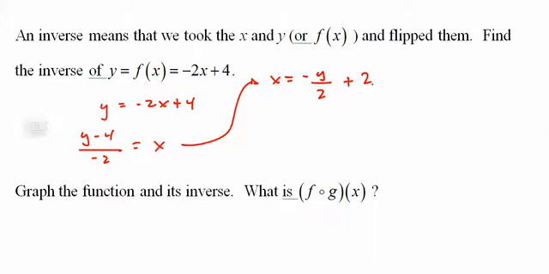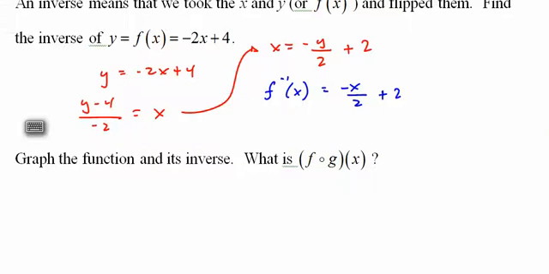And I may have screwed this up, as I am wont to do. But then to write the inverse, you would say the inverse is negative x over 2 plus 2. And the good thing is, if I did screw this up, I'm about to find out.